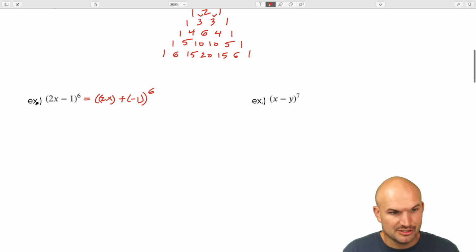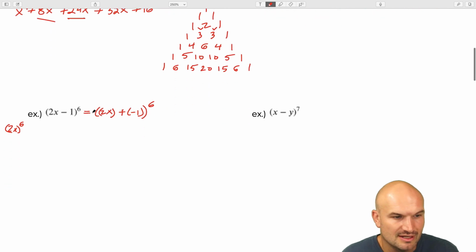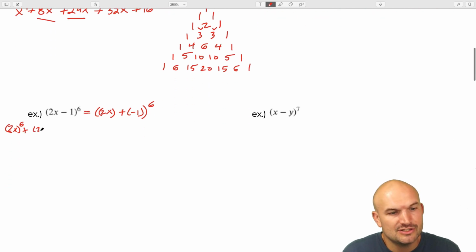All right, so make sure I try to use as much real estate as possible here. We're going to have a 2x to the 6th, right? And then we don't really need to write this 0. You guys would agree that y to the 0 is kind of redundant. So we'll go from there. And then we'll do a 2x to the 5th. And then we'll do a times negative 1 to the 1st. That's just going to be negative 1.